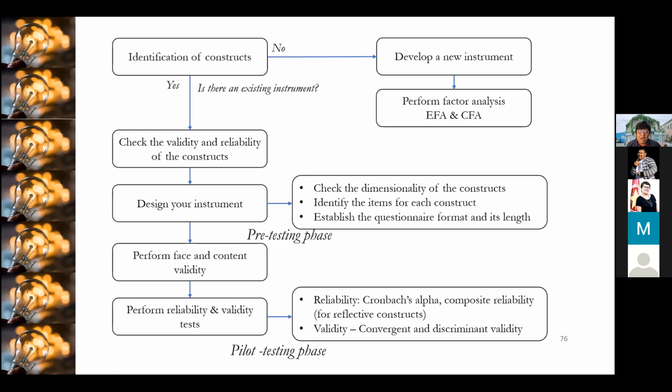And at the same time, performing face and content validity will somewhat assure us in the pre-testing phase that our instrument is okay. So once we're done with face and content validity, then we need to perform a reliability and validity test by checking internal consistency through Cronbach's alpha and composite reliability. And when we talk about validity of our constructs, we measure it through convergent and discriminant validity. And this phase, we call pilot testing.